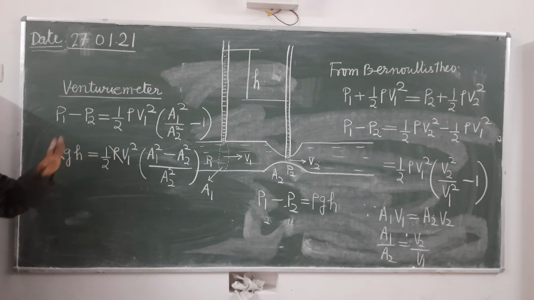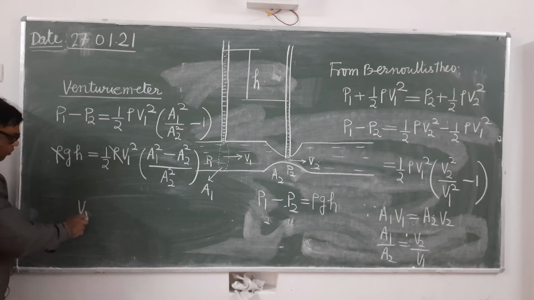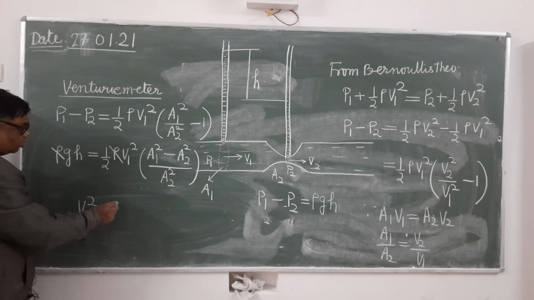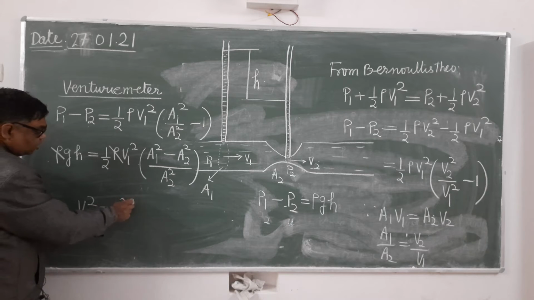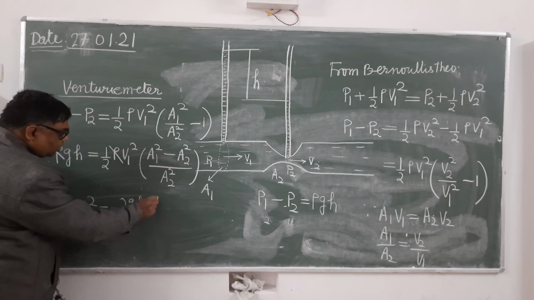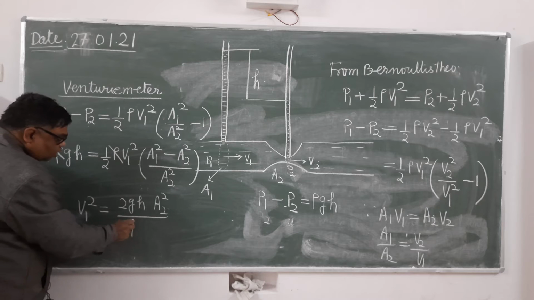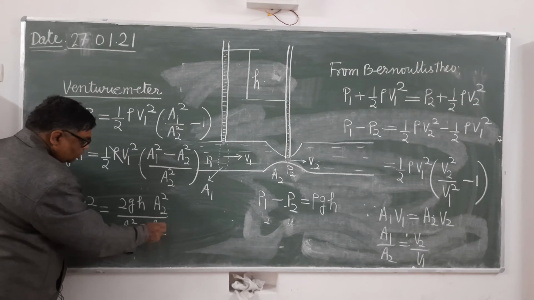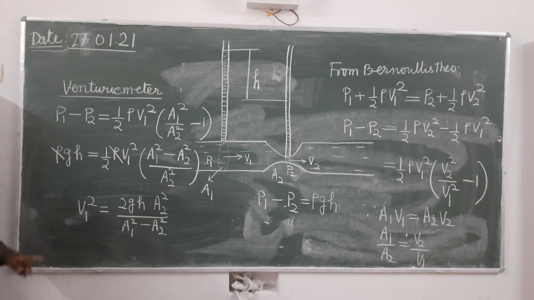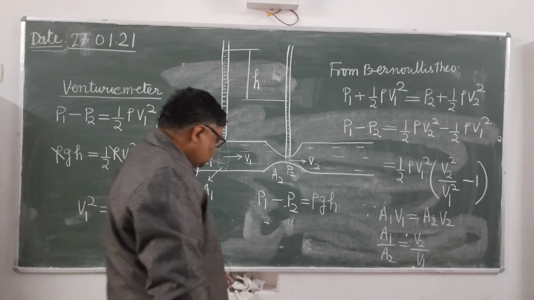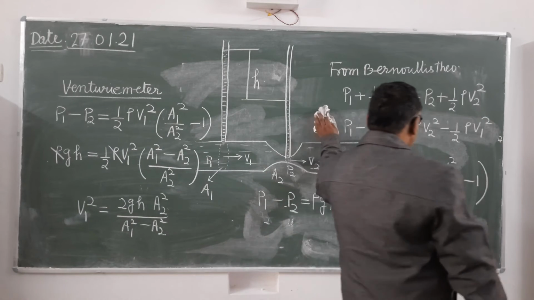If you determine the value of V1 from here, what will be V1 square? V1 square equals 2gh A2 square upon A1 square minus A2 square. How will you determine? You bring 2 to this side, A2 square also to this side. So V1 square will be 2gh into A2 square upon A1 square minus A2 square. You note down.